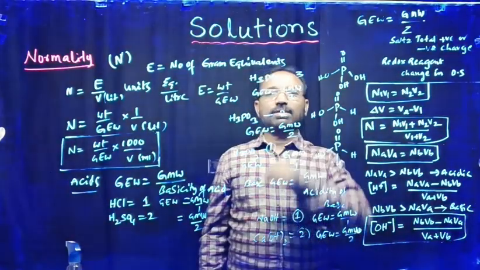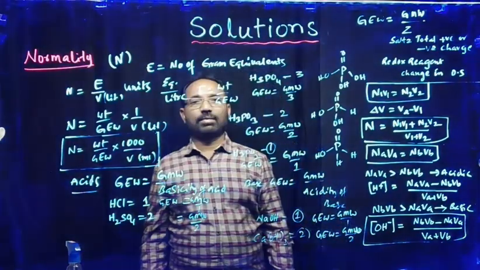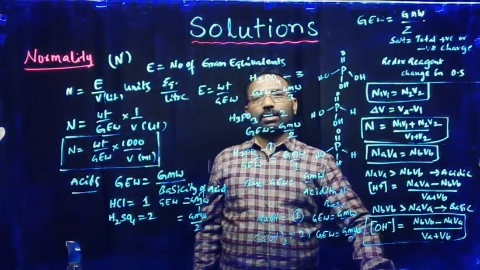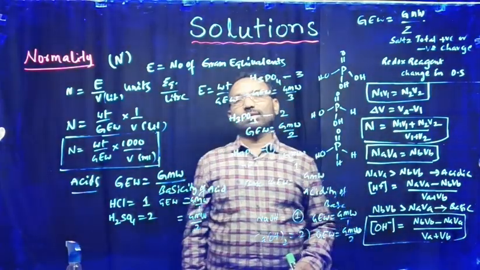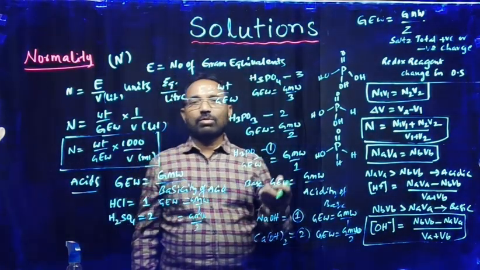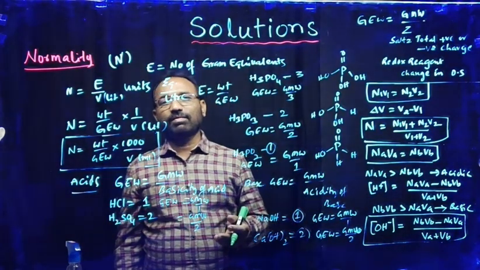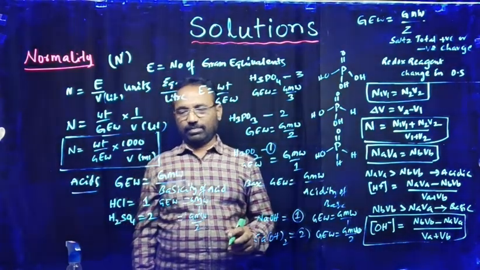From the examination point of view, normality is very important. If you observe the JEE Mains and Advanced papers, some questions were asked on the relation between molarity and normality.